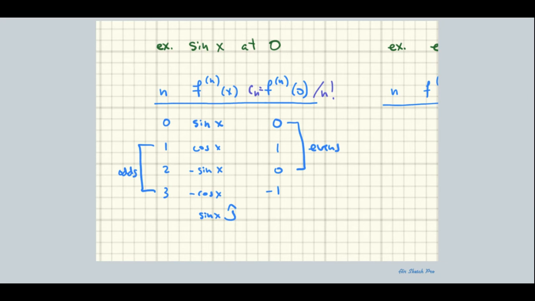I'm doing a little cleanup on the side that you're not seeing. So I didn't like the way that looked. 1, 2, 3: negative sine, negative cosine, positive sine, 0, 1, 0.